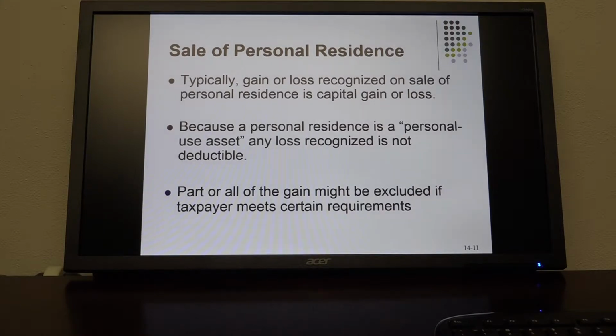And so the sale of a personal residence is a capital gain or loss, but because it's a personal use property, if you sell your principal residence for less than its basis, then you don't recognize a loss.